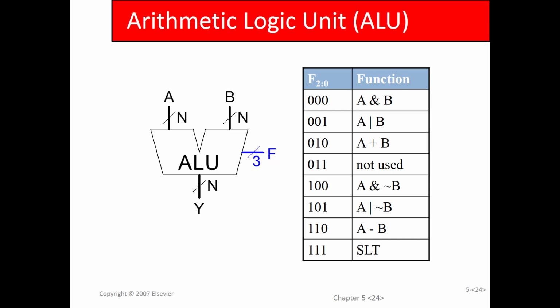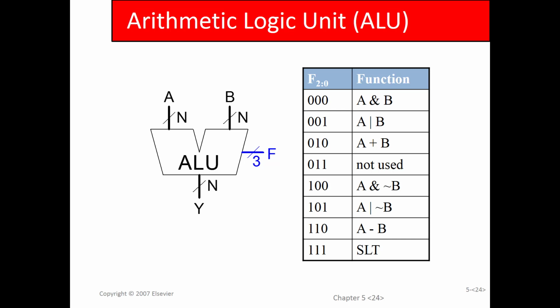It's supposed to do multiple things to A and B. So you put A and B in, and you want to be able to tell it what you want it to do with A and B: add, subtract, compare, or do a shift, or do some sort of bitwise logical operation. So this is the basic building block of a CPU, right? It's kind of like a calculator, sort of. You give it two numbers, and then you give it an operand. You tell it what you want it to do with those two numbers, and it'll spit that out. You guys with me? Okay?